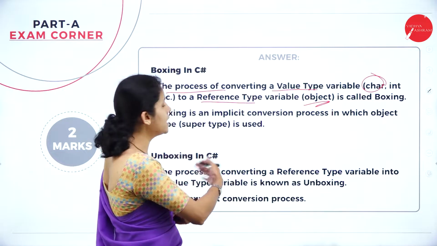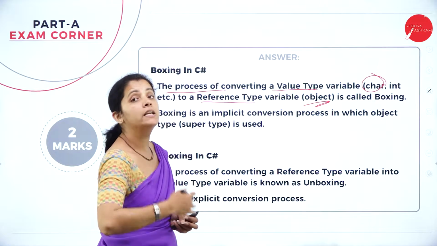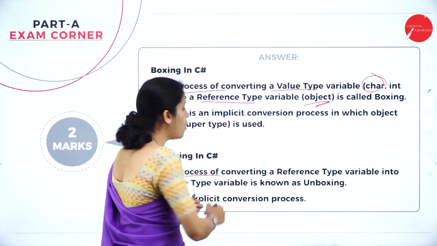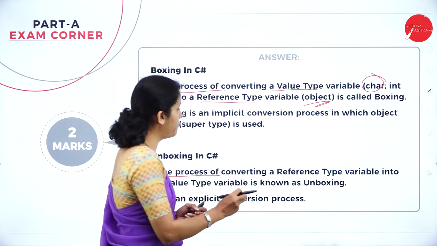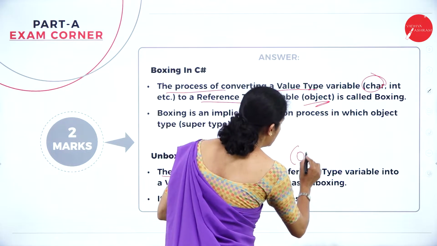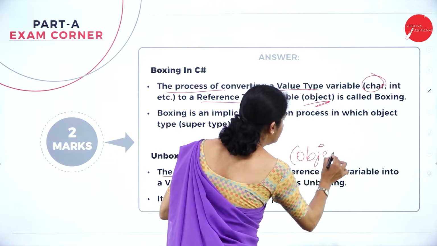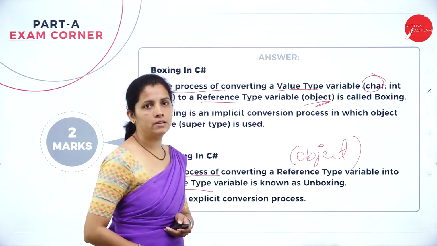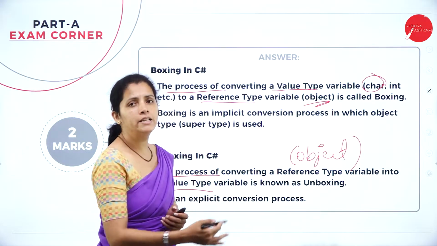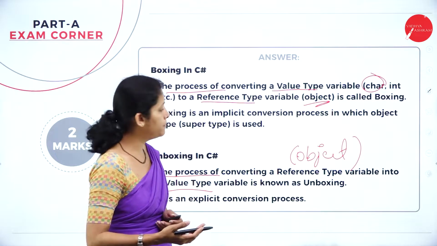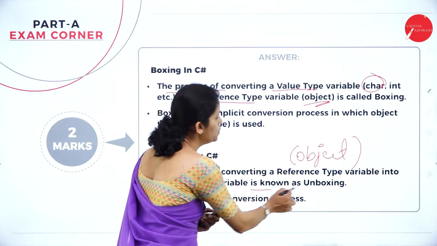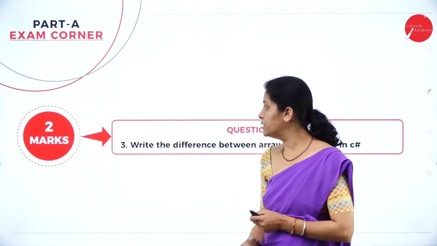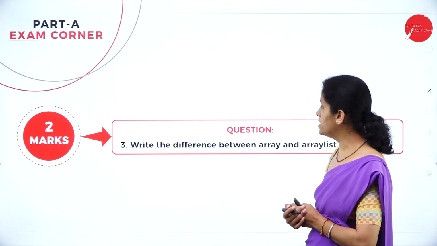Then what about unboxing? It's nothing but the reverse process, in the sense the process of converting a reference type, that is nothing but the object, into a value type. So value type is nothing but integer, float, character, double, etc. This is known as unboxing. Now dear student, let me consider the third question.